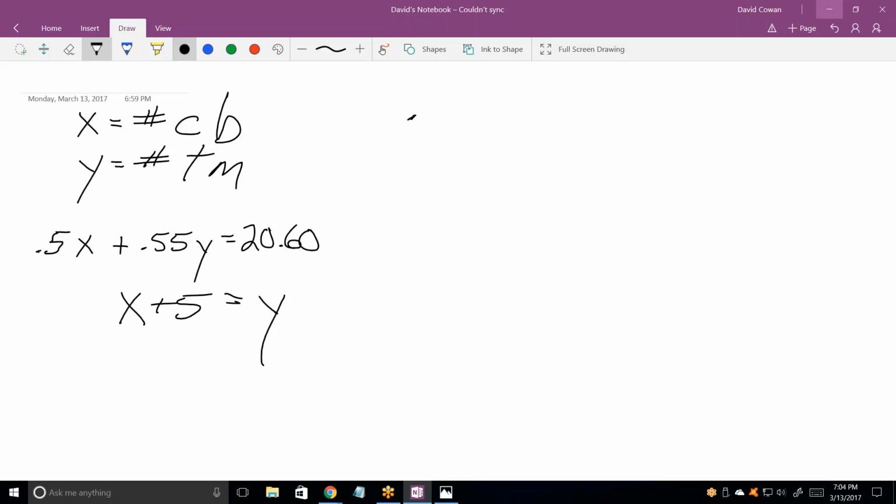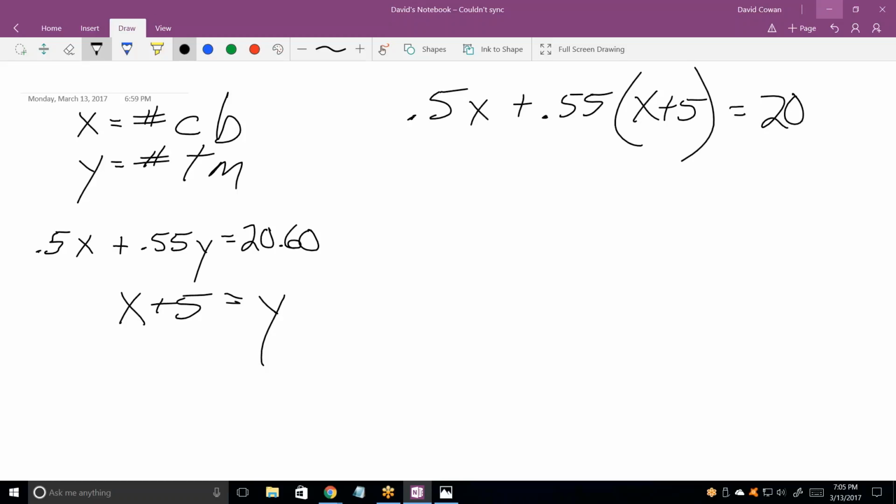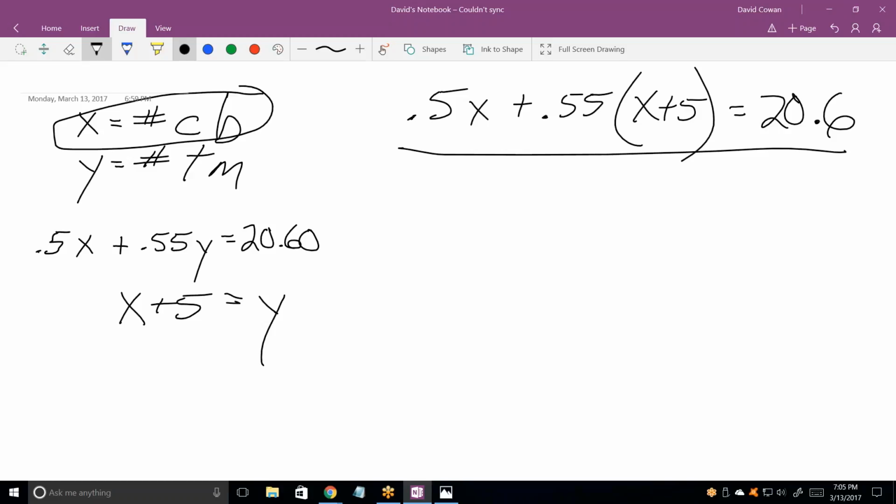Here's my new equation: 0.5X plus 0.55 times (X plus 5) equals 20.6. That's one equation, one unknown. I'm going to solve for X, and that's all they want. I don't even need to solve for Y.